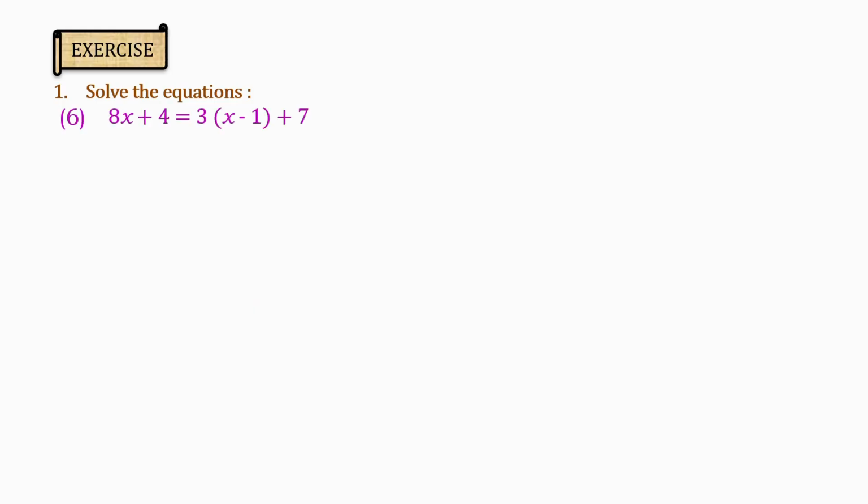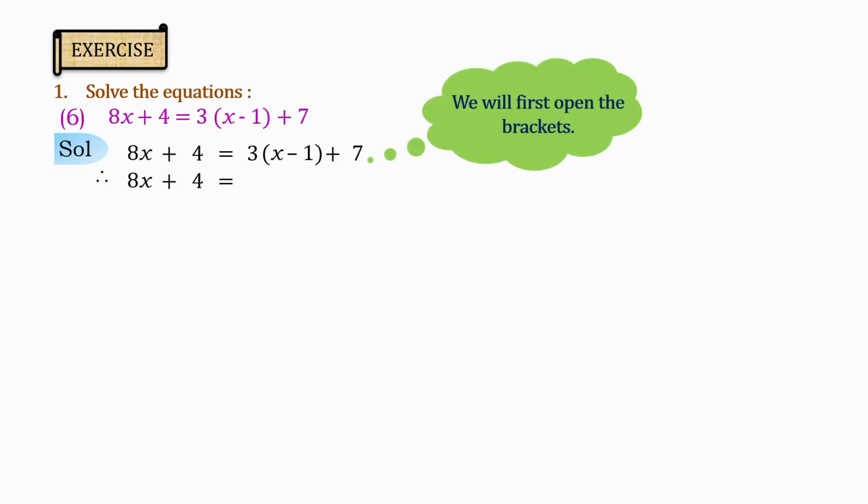Now we are going into a more difficult type of equation. The equation is given as 8x plus 4 equal to 3 within bracket x minus 1 plus 7.